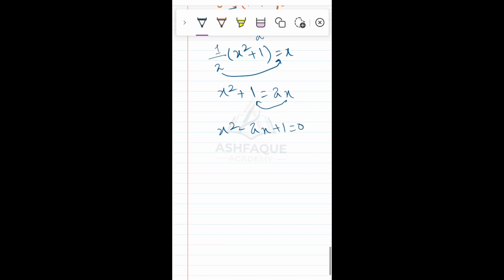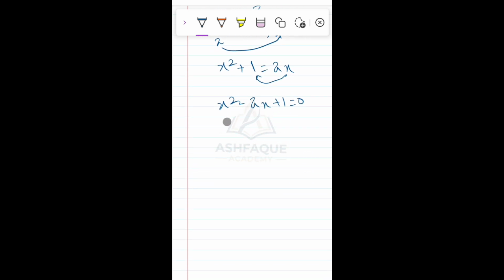So we have a final equation, that is x square minus 2x plus 1. If you look at the form, it shows the formula of (a minus b) whole square is equal to a square minus 2ab plus b square.